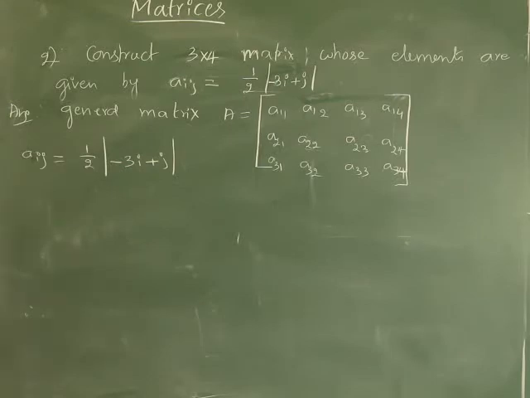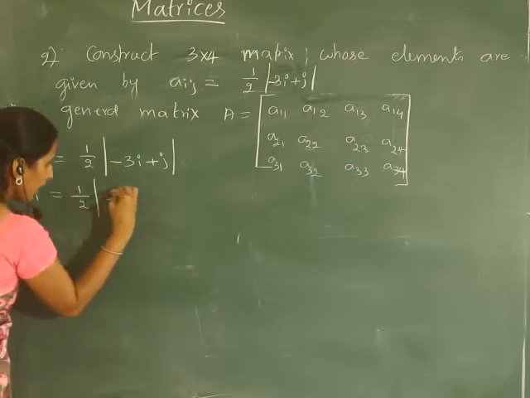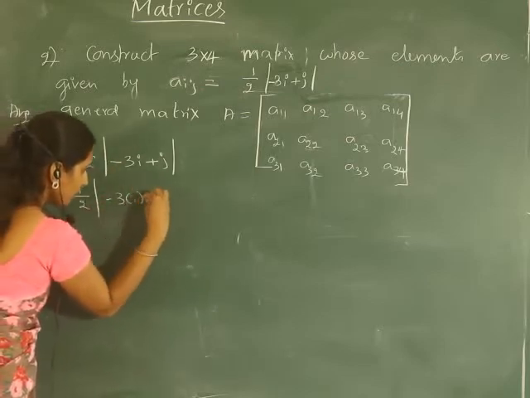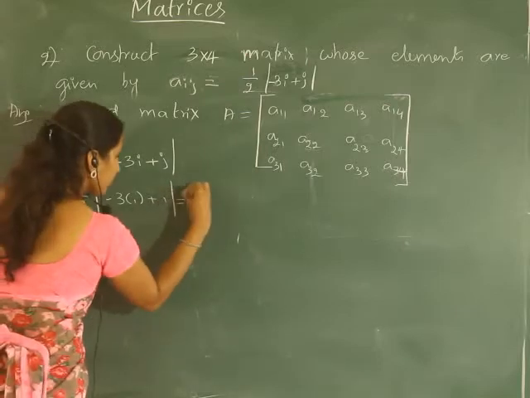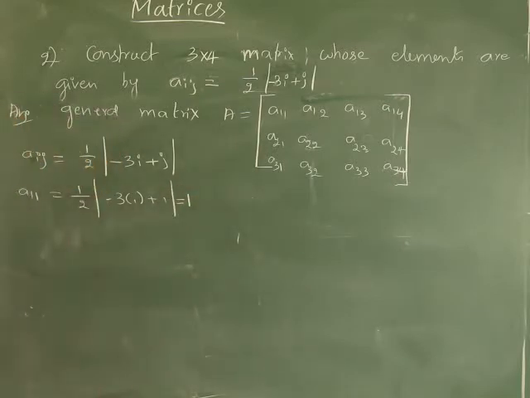So we can calculate A11 is half into modulus of minus 3 into 1 plus 1. So minus 3 plus 1 is minus 2. So the magnitude of minus 2 will be plus 2. So it will be 1.